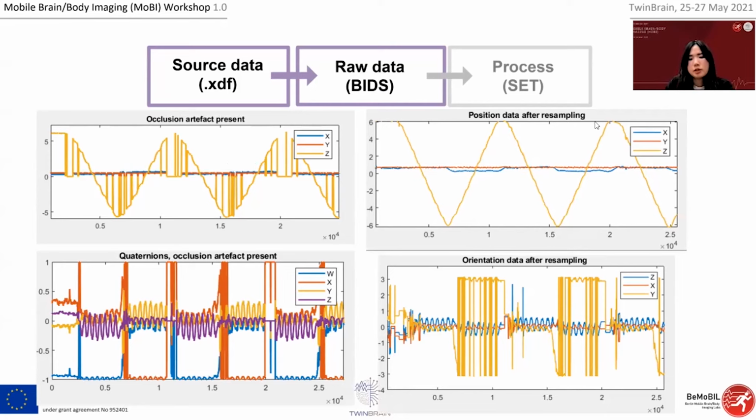Resampling here is not upsampling or downsampling, but it is just that the data streams are resampled so that they can be saved as a table. If you have multiple streams from the same recording system, say the nominal sampling rate is 500 hertz, but some streams had, I don't know, 496 hertz and other streams had 504 hertz, in order to have these data in one table, you have to resample them.